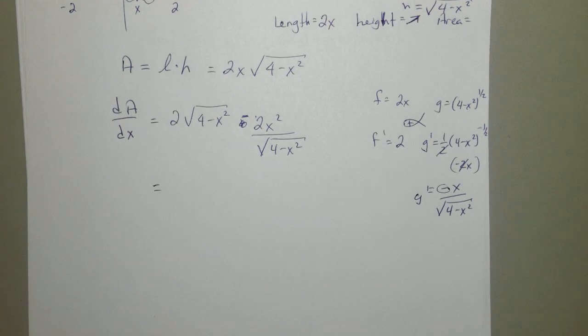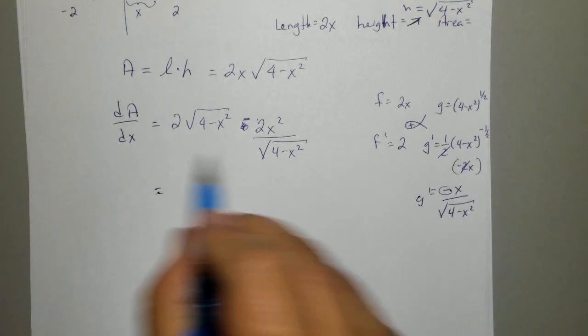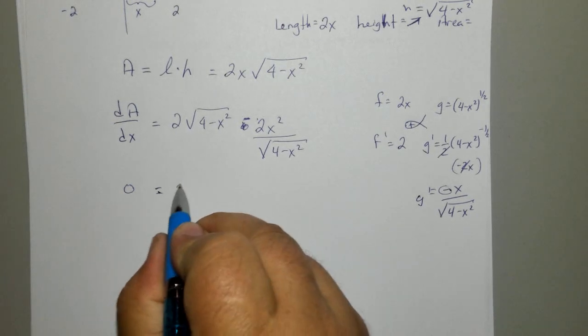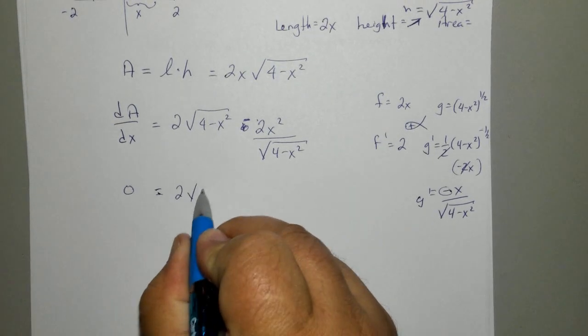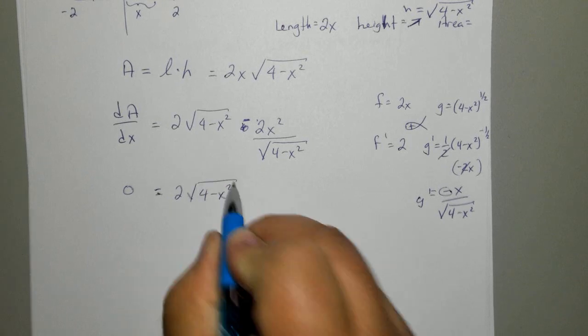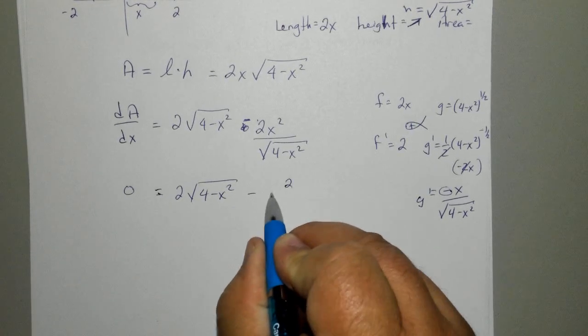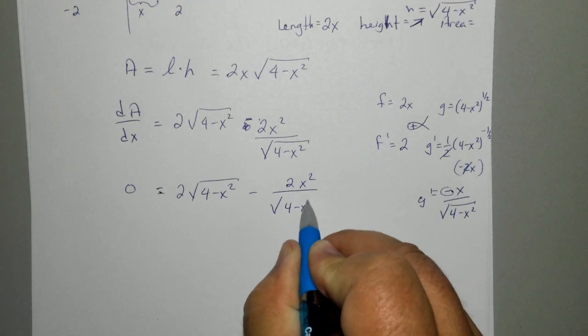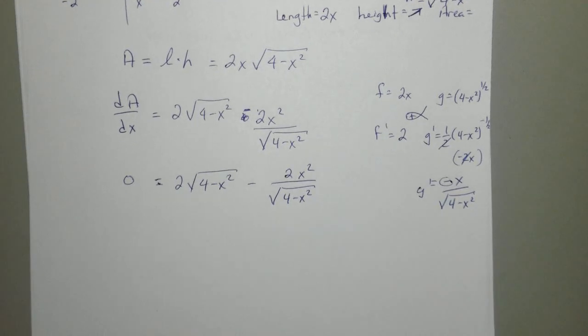Can we do anything algebraically to fix this? Well, you're right. You said z equals 0. So we have 2 times radical 4 minus x squared minus 2x squared over 4 minus x squared. What do you do?